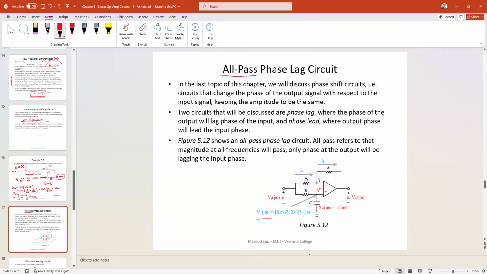So the term is given right here. The voltage at V positive is XC over R plus XC times V input.